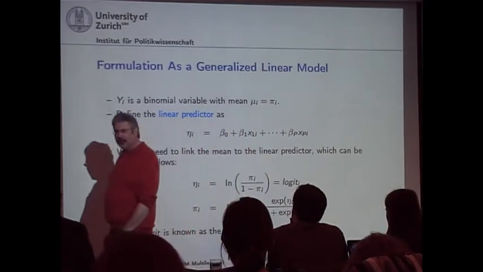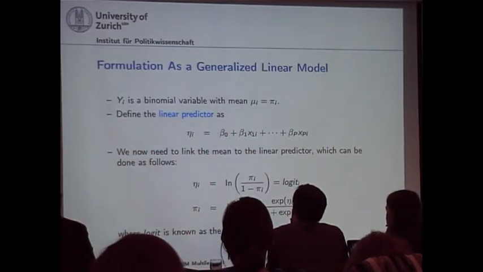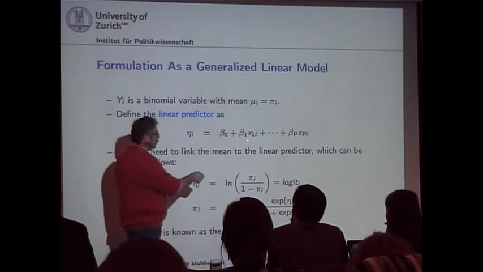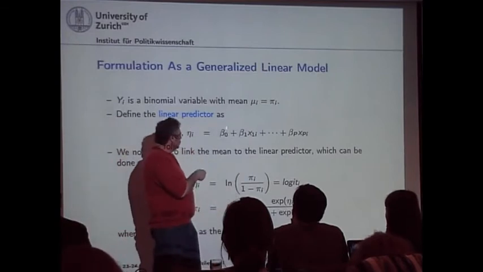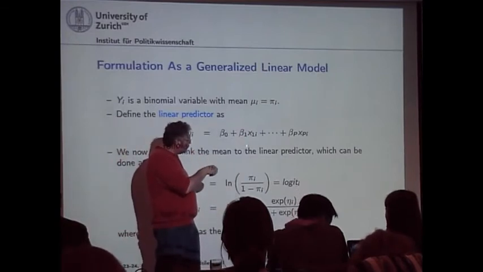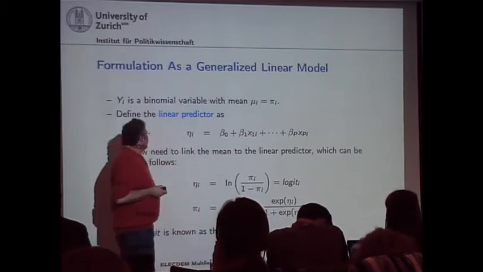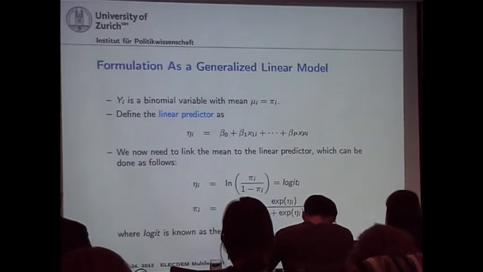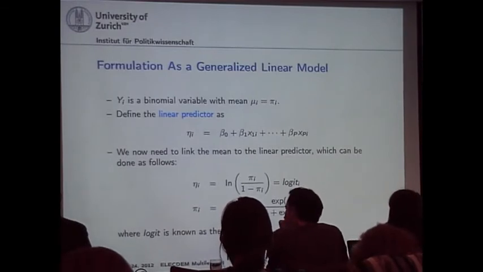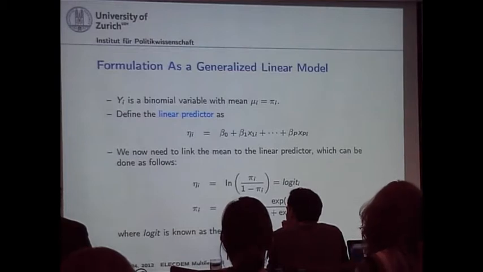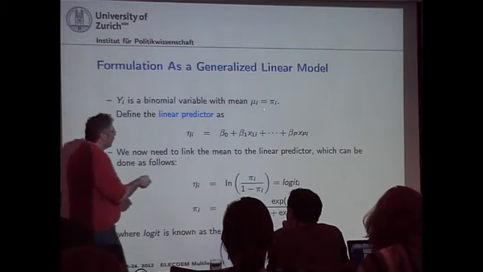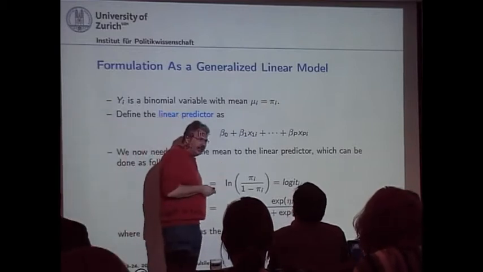Now it's just the linear predictor, which means it's a linear function of the predictors: beta 0 plus beta 1 x1 plus beta 2 x2, etc. And what we now need to do is to link this linear predictor to the mean of the binomial variable. The mean of the binomial variable is pi.